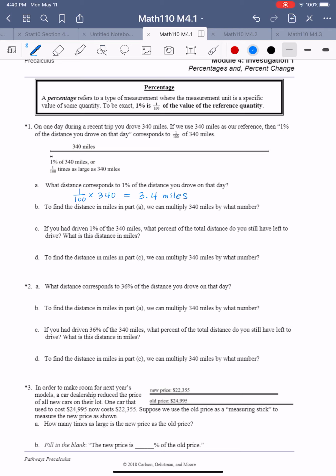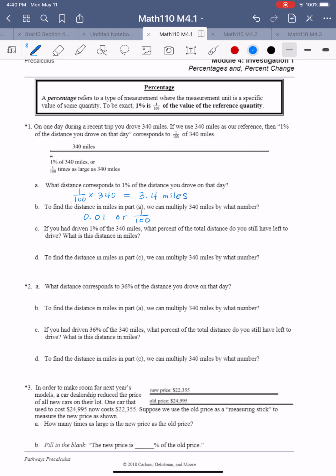And number two, to find the distance in miles in part A, we multiply 340 by one number. We multiply by 0.01, or you can multiply by 1/100, same thing. Part C: if you have driven 1% of the 340 miles, what percent of the total distance do you still have left to drive?